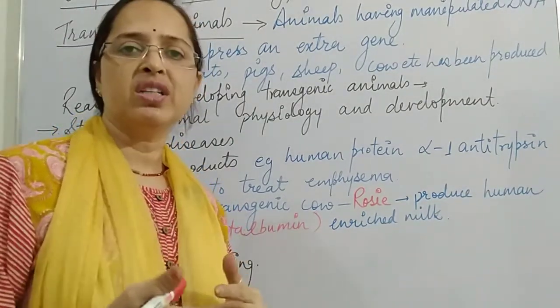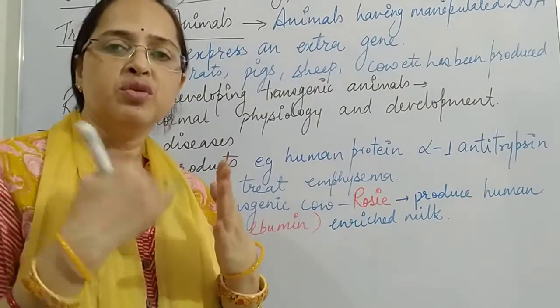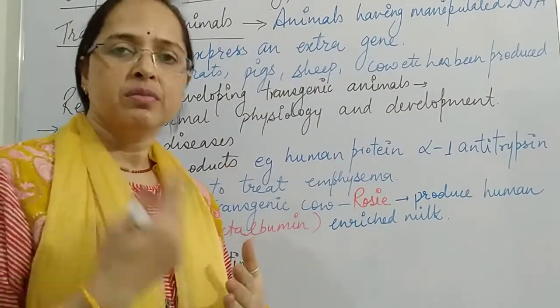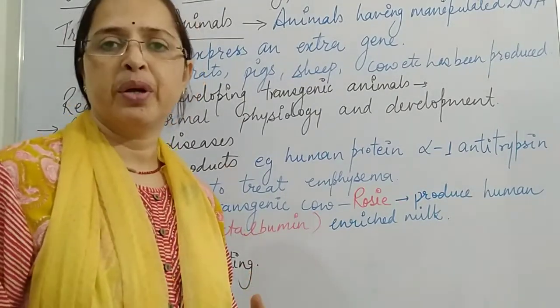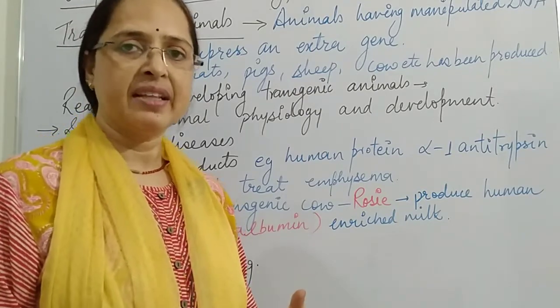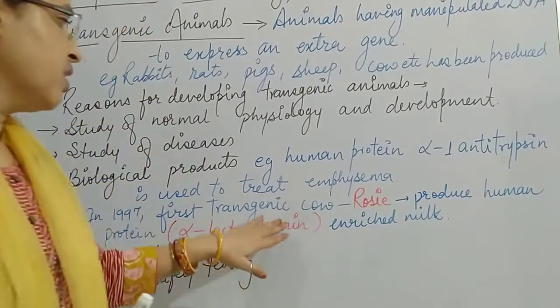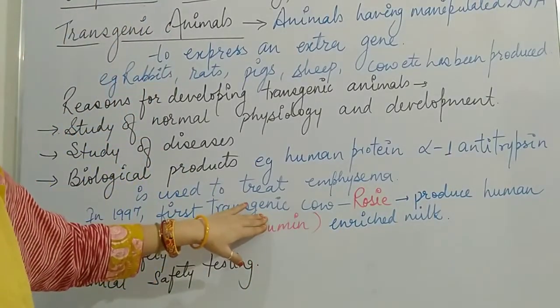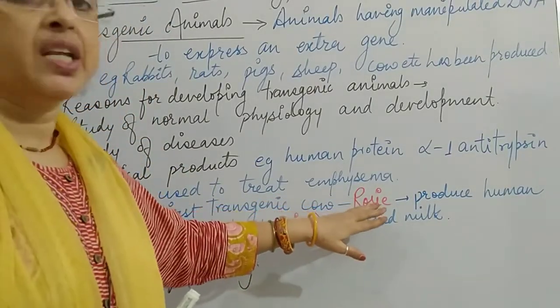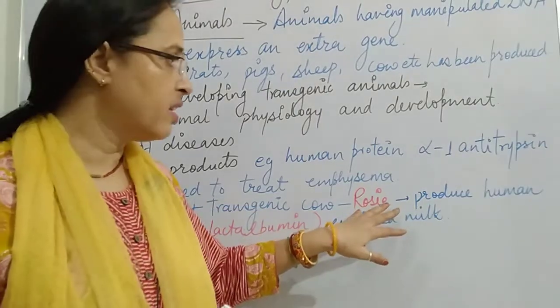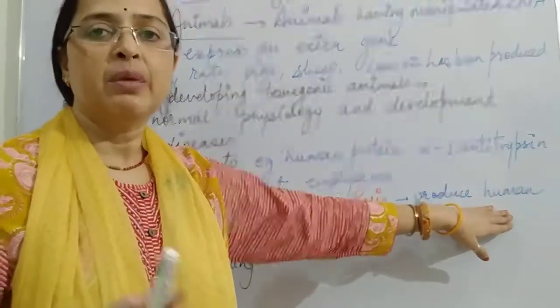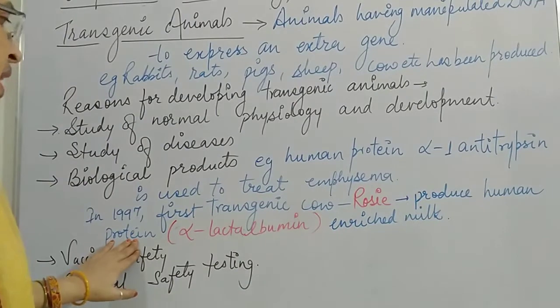Here, genes from the human body are incorporated into the animal and then the products can be obtained. Just see here, a transgenic cow was produced, and the first transgenic cow was Rosie, in which a human milk protein, alpha lactalbumin, is added.